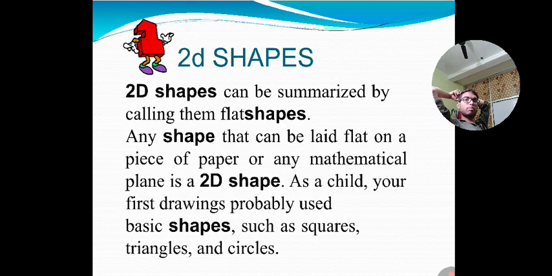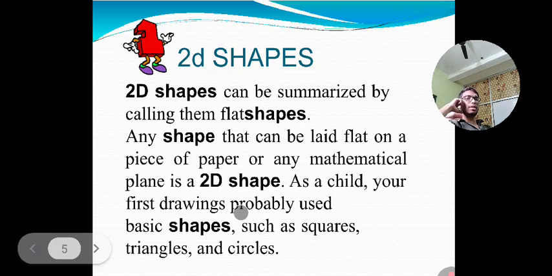Any shape that can be laid flat on a piece of paper, or any mathematical plane, is a 2D shape. As a child, your first drawings probably used basic shapes such as squares, triangles, and circles.